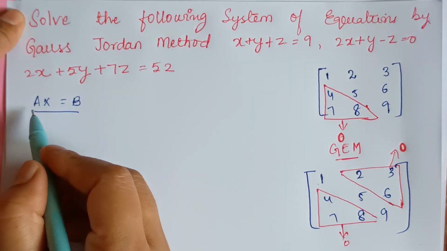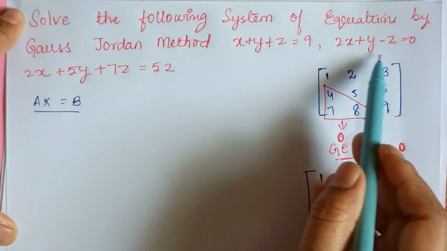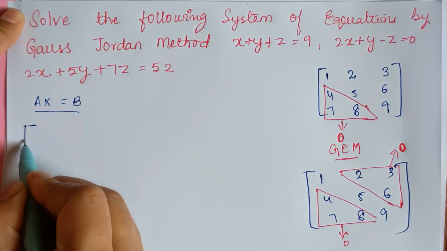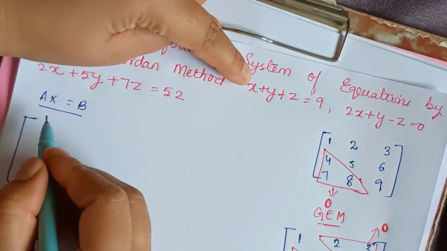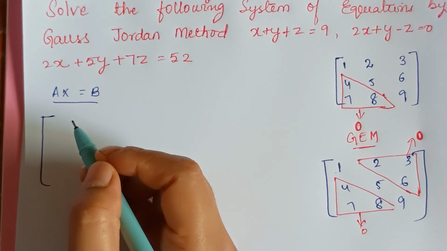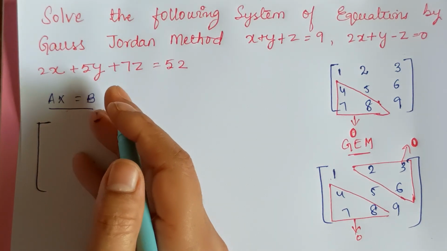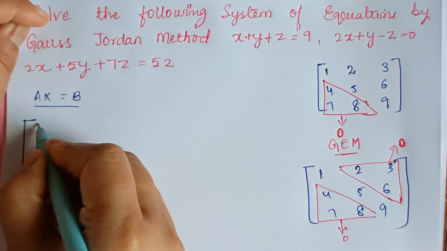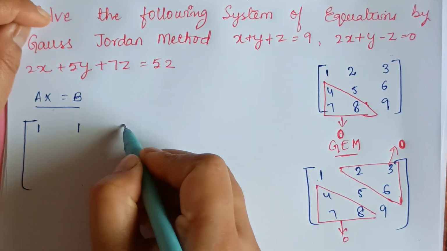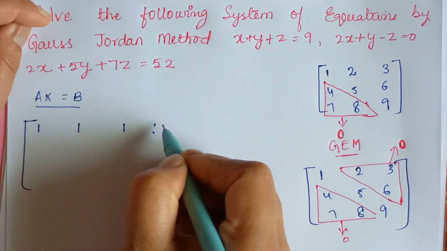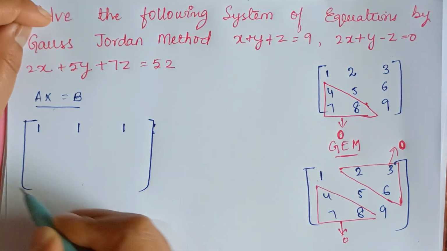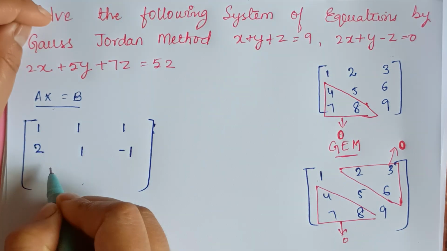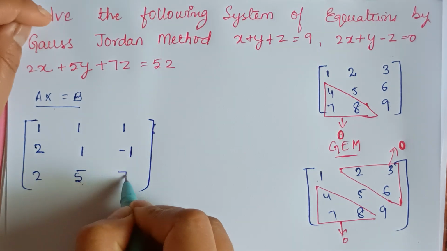Now I'm going to write a matrix A. This is from the equations given. Matrix A is the coefficients of the unknowns: the coefficients of x, y, z are 1, 1, 1, then 2, 1, minus 1, then 2, 5, and 7.